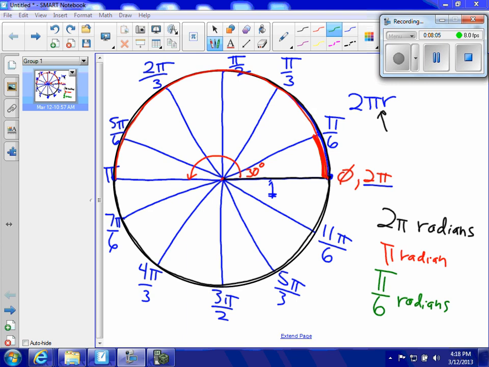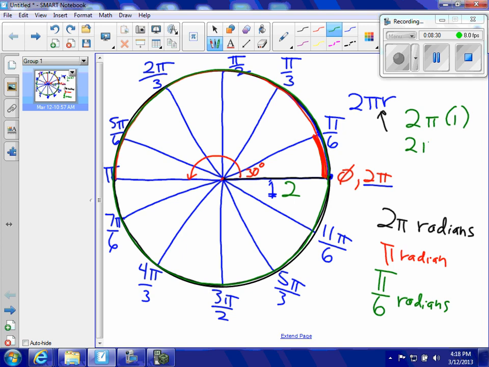Now, if I change the length of my radius and I say it's no longer 1, but it's 2, that's going to change the distance I have to travel to get around my circle, because instead of being 2 pi times 1, which it was before, it's going to be 2 pi times 2, the length of my new radius.